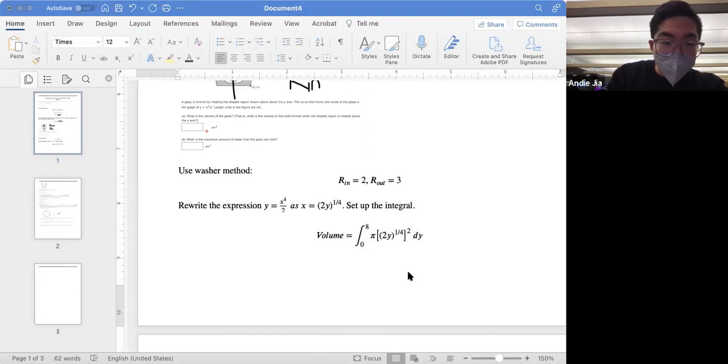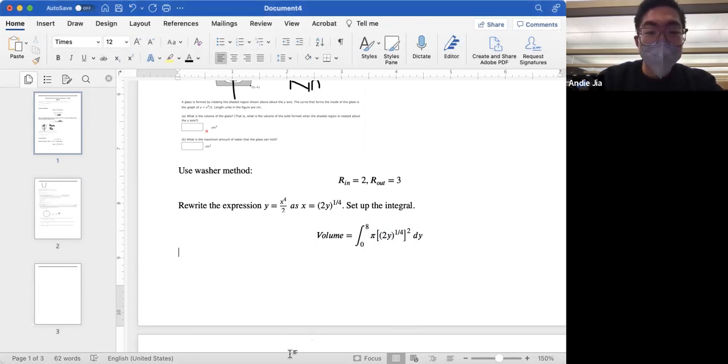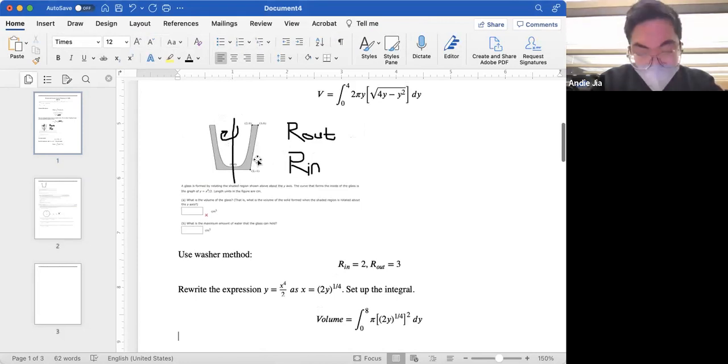By computing this integral, this is the maximum amount of water, the inside volume.